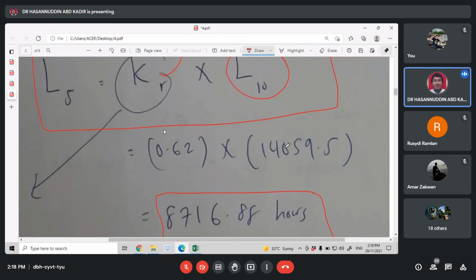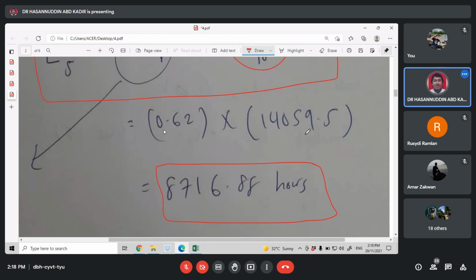Okay, so let's say you get this value at 90%, and then you increase to 95%. That means there is some reduction here. So maksudnya lagi tinggi tu akan menyebabkan masa tu makin kurang.